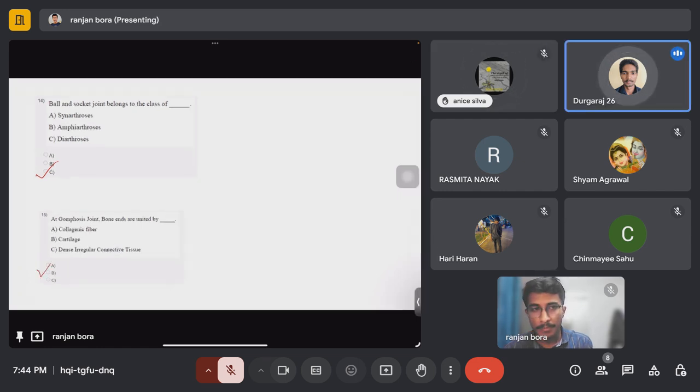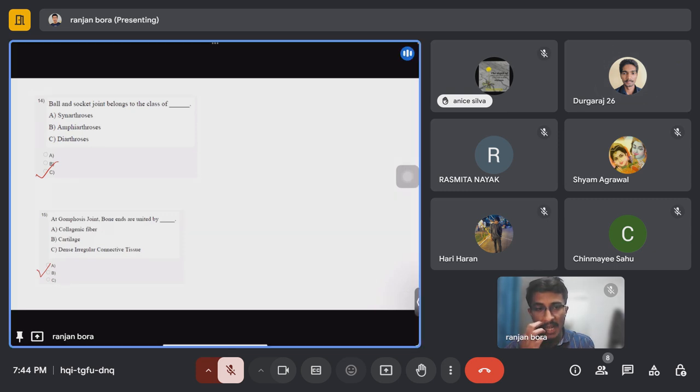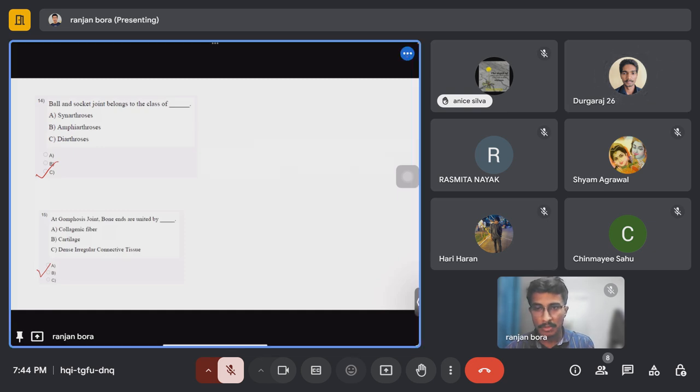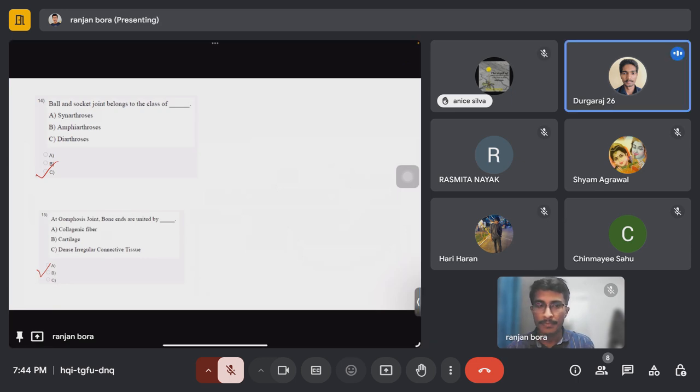The cartilage is for another type of joint, the cartilaginous joint. Suture, I think I have to check that. If it is gomphosis, then the ends are united by collagen fiber. Okay.